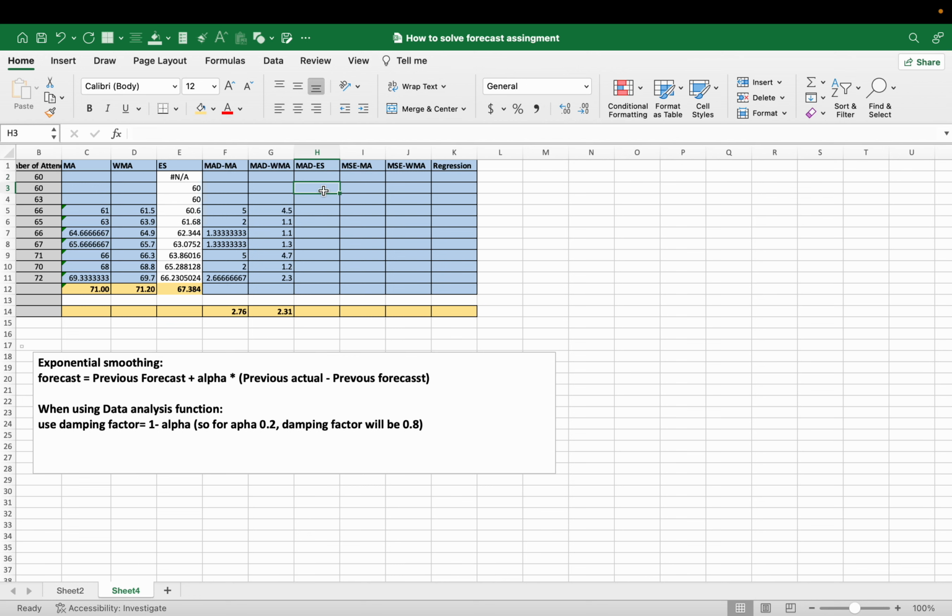So I will start from here, and that will be equal to absolute 60 minus this forecast, and then you can drag it, and remember you have to drag up to this point, and then here you will take the average, and that gives us 4.10.